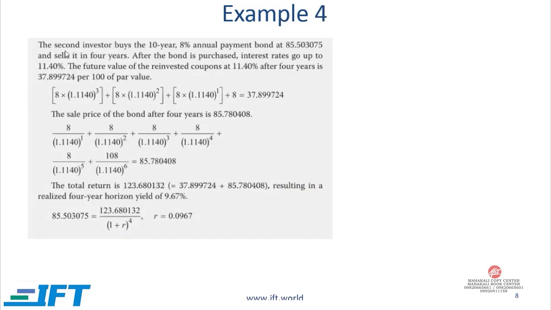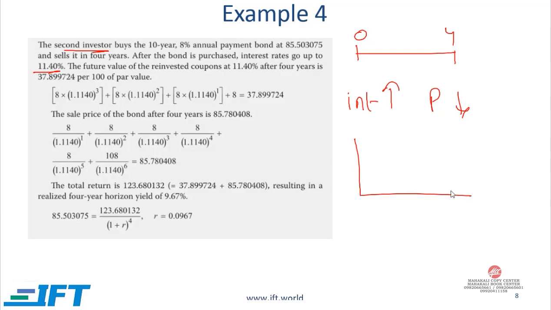What about the second investor? Remember, the second investor only had a 4-year investment horizon. Given that interest rates have gone up, the price of the bond will be below the book value. Remember, book value is going up from the discounted amount of 85 to the par value of 100 over 10 years.